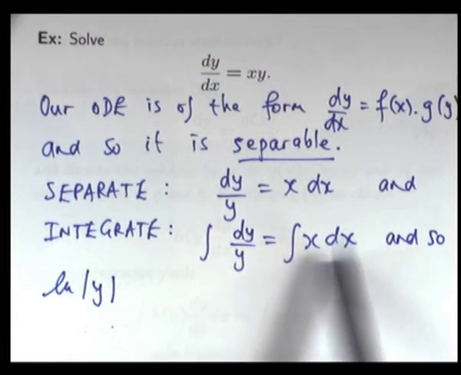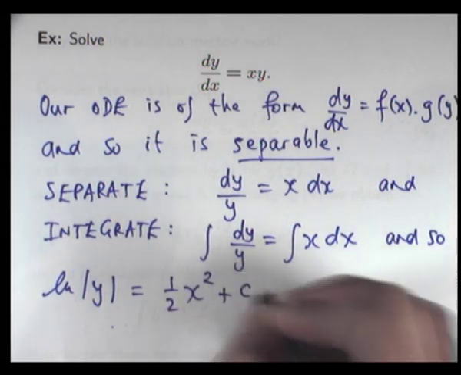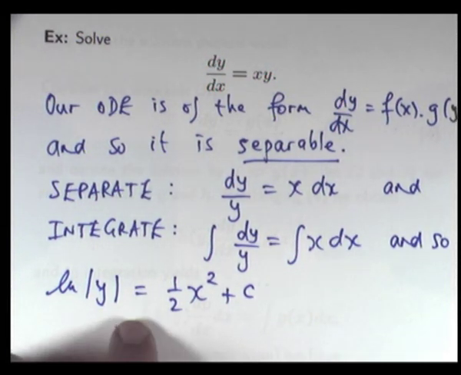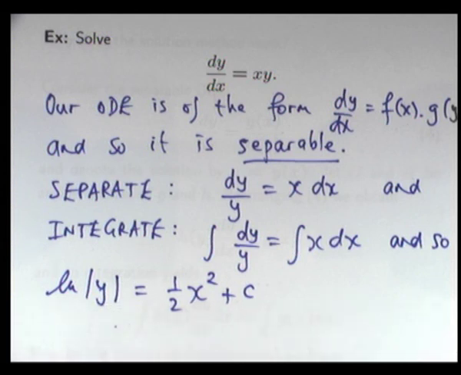The right-hand side is going to give us a half x squared plus a constant. So we actually do have our solution there, y, in implicit form. What we would like to do is to rearrange this, make y the subject, remove those absolute value signs in some way. So let's have a look at this.